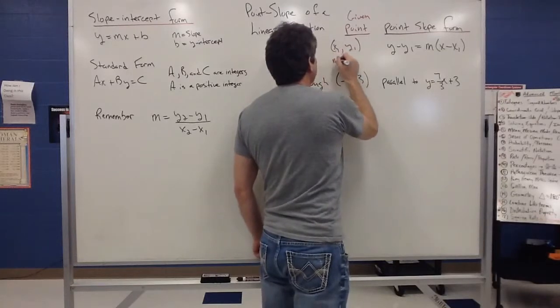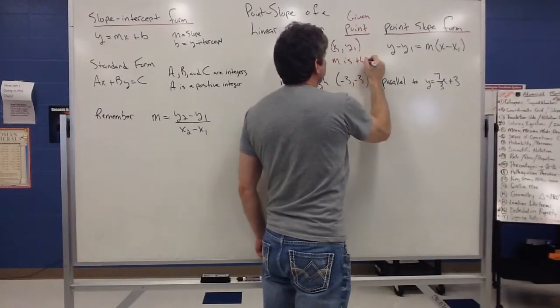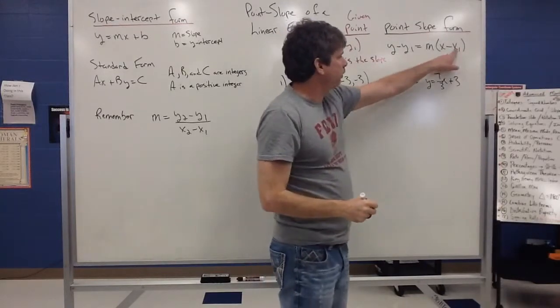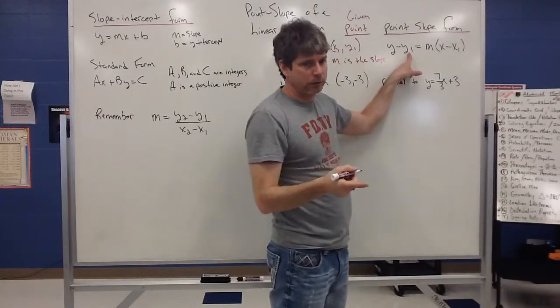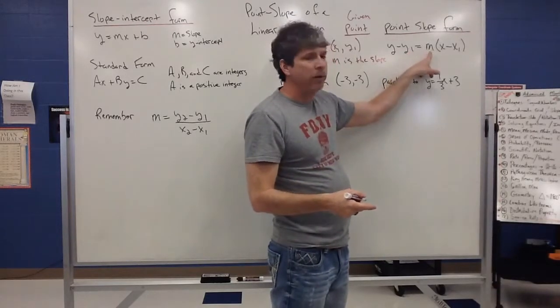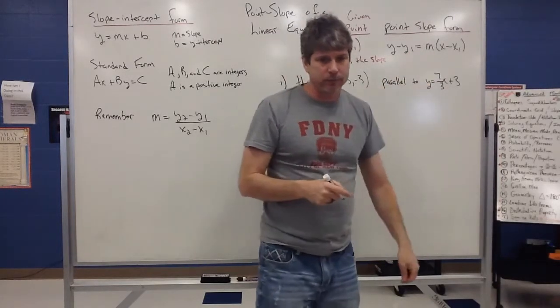And of course, m is the slope. So in this problem, x1, y1 is going to represent the point that was given, the point that the line actually passes through. And then m will be the slope of that line.